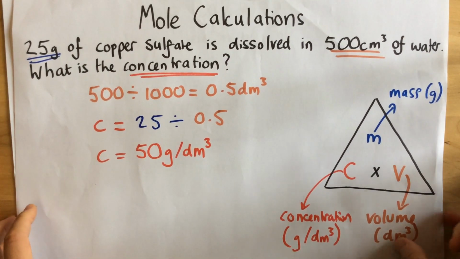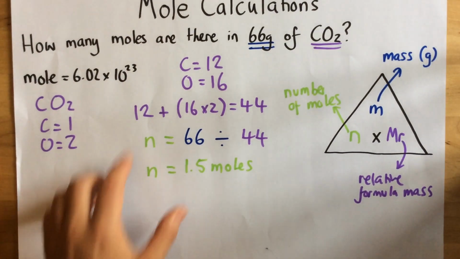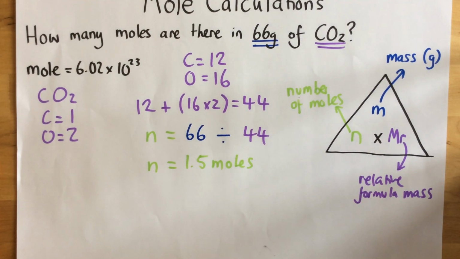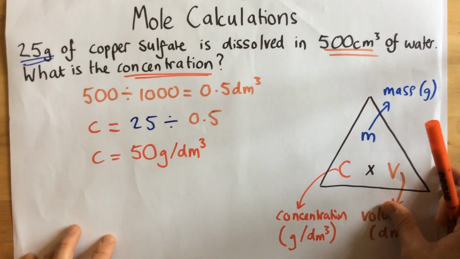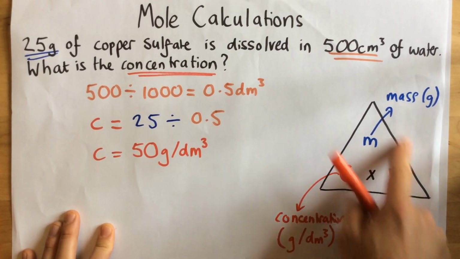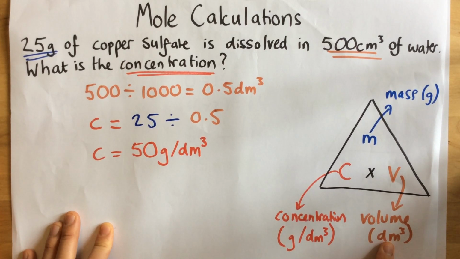So that's how to complete mole calculations. When you're trying to find the number of moles of a substance, we use this equation triangle here. And when we're talking about a solution, you use this equation triangle here. And remember to always convert your volume to decimetres cubed.